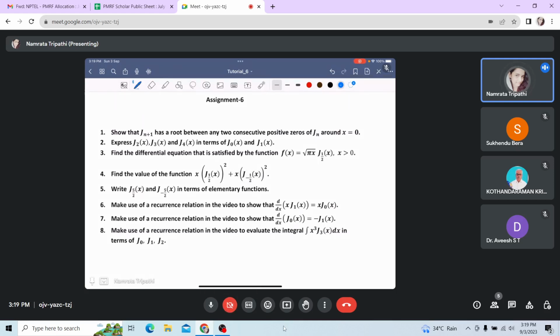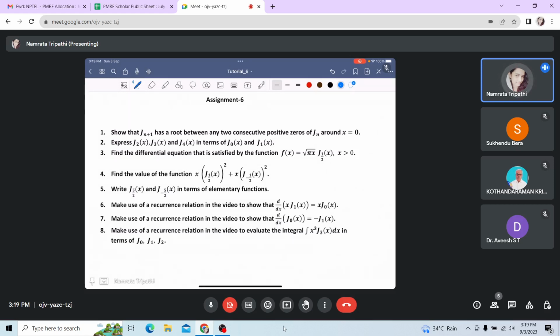Are you trying question number 2? Tell me the recurrence relation. What recurrence relation will we use in this question?